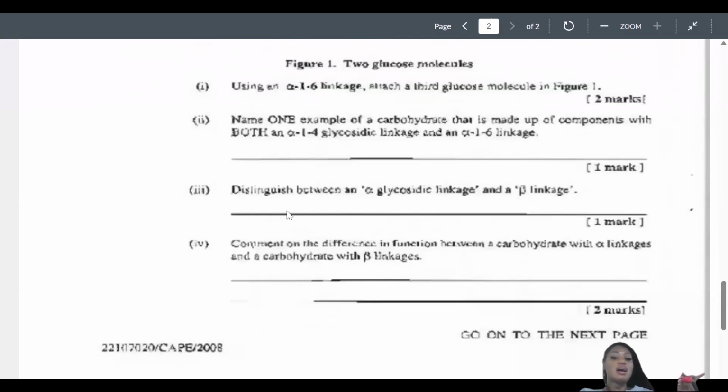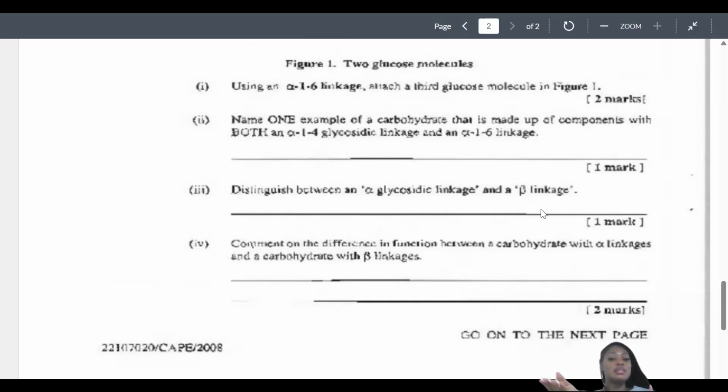Then you're asked to distinguish between an alpha glycosidic bond and a beta glycosidic bond. The alpha glycosidic bond would be found in starch and glycogen. The beta linkage would be found in cellulose. Cellulose is the one that had to flip every other glucose unit, so they have beta linkages.